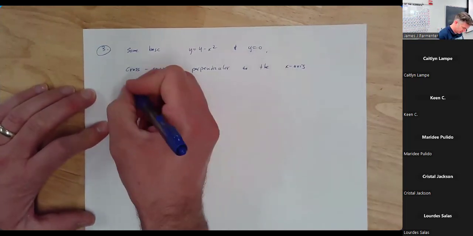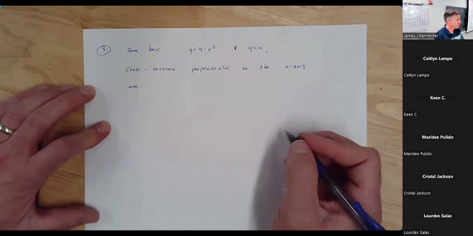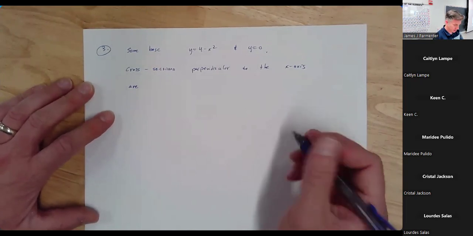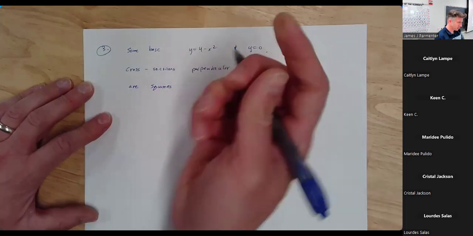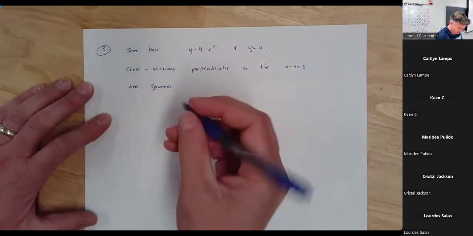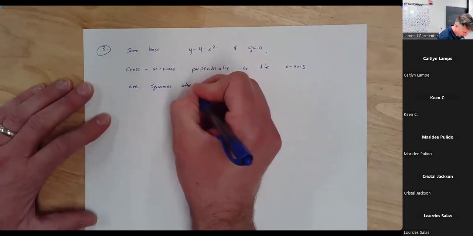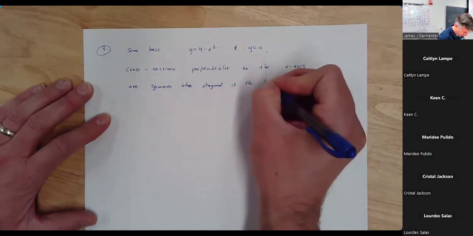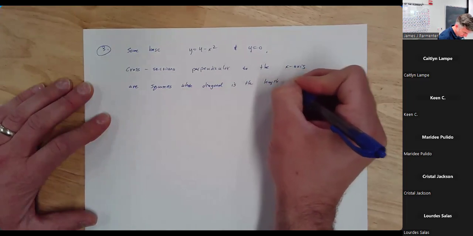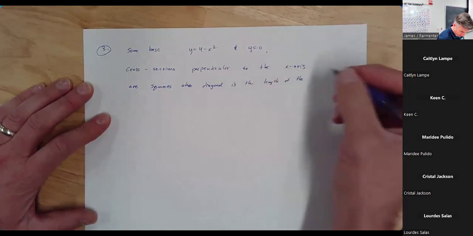And instead of being semicircles, they're going to be, I don't want to say this right, squares, but it's not that the cross-section part is the length of the side, squares whose diagonal is the length of the strip, or the length of the cross-section.